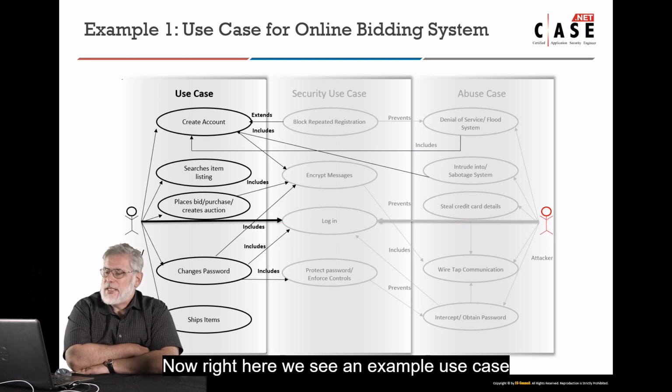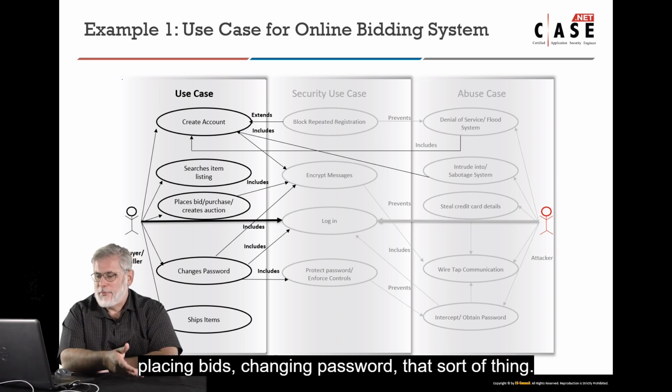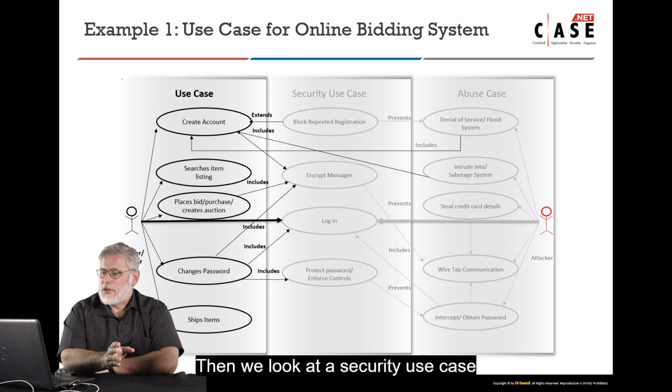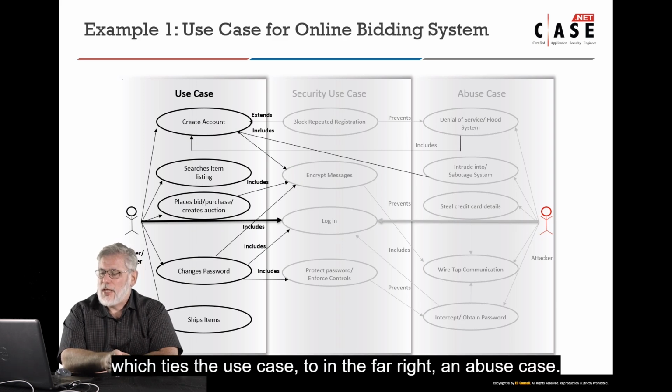Now right here we see an example use case for an online bidding system. And you can see on the far left the use case defining how this should be used. Creating accounts, searching for items, placing bids, changing password, that sort of thing. Then we look at a security use case which ties the use case to, on the far right, an abuse case.